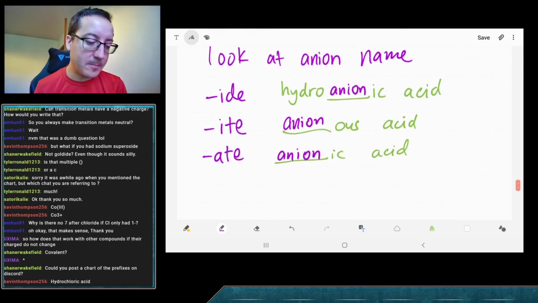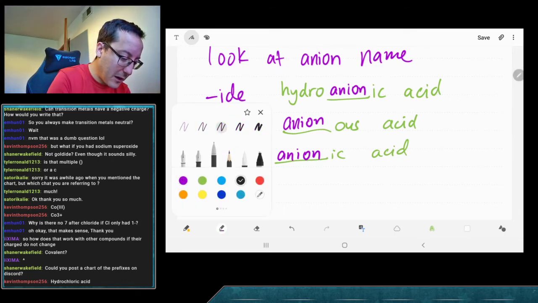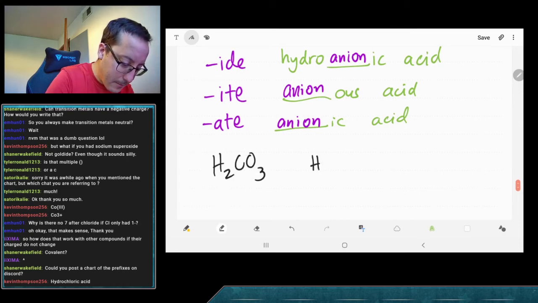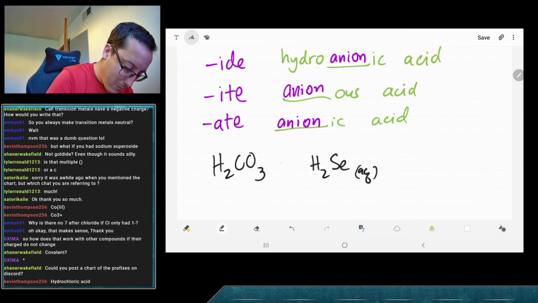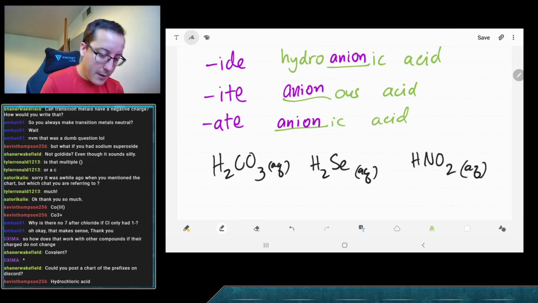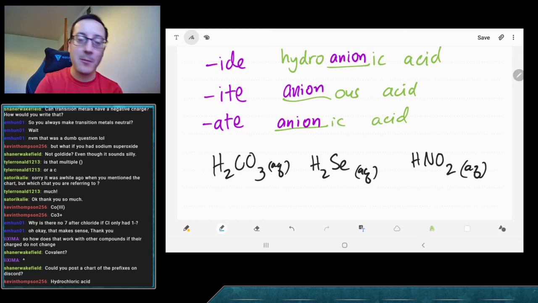So there are three basically different classes of acids that we're going to have. Notice that there's always going to be enough hydrogens to balance out your polyatomic ion.